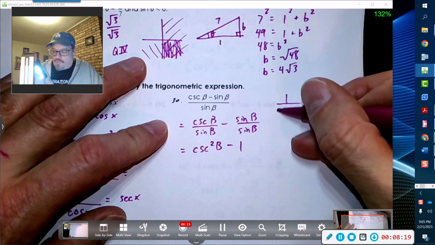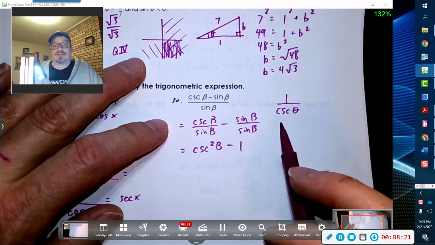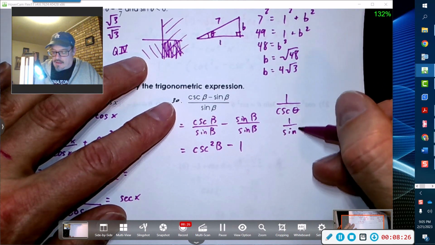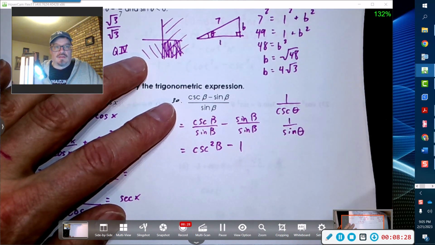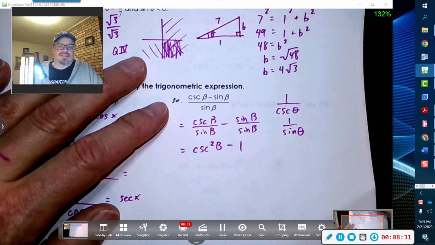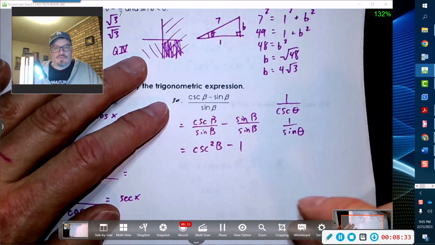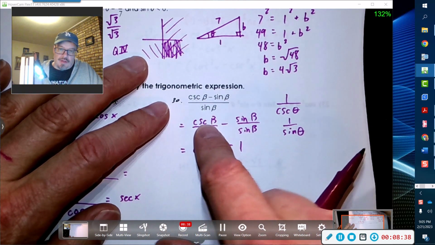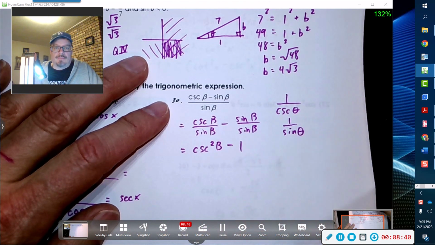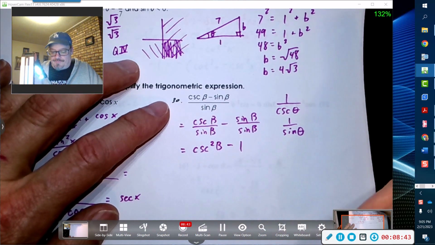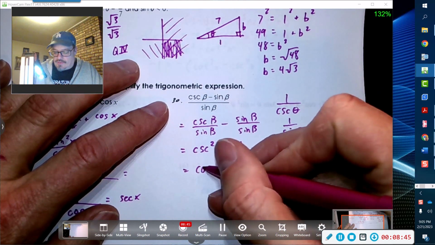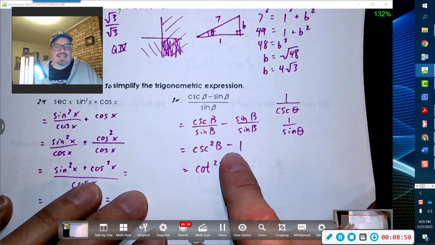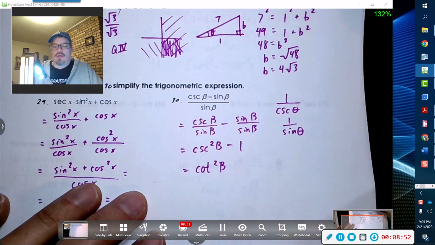Remember that 1 over cosecant is just sine theta, and 1 over sine theta is just cosecant theta. So it's just how the reciprocation works. So there are 2 of them, and this allows us to say that this is cotangent squared theta, because this is an identity. You have to look that up.